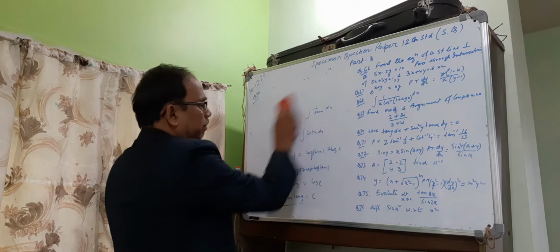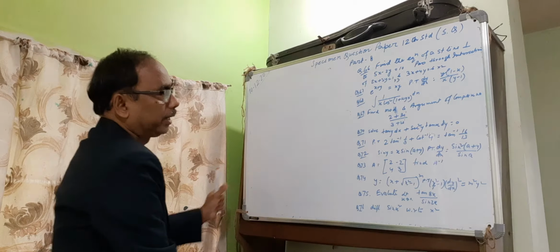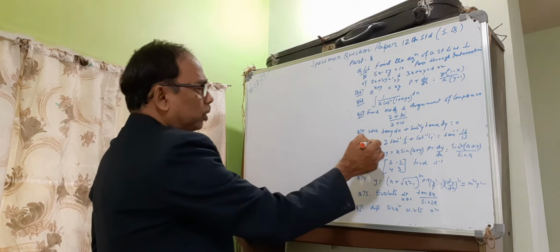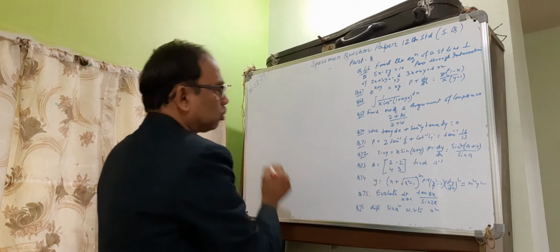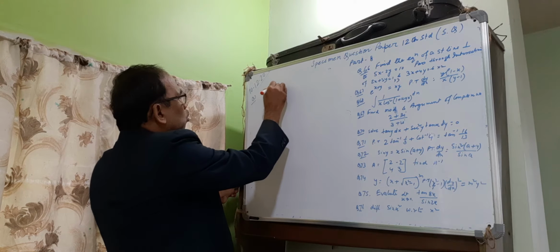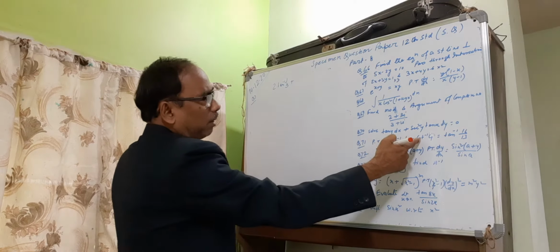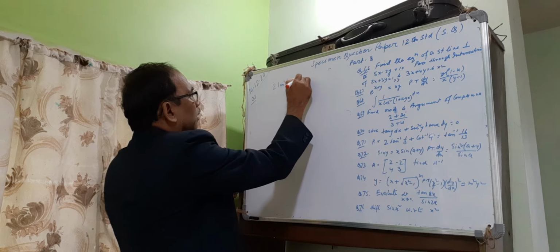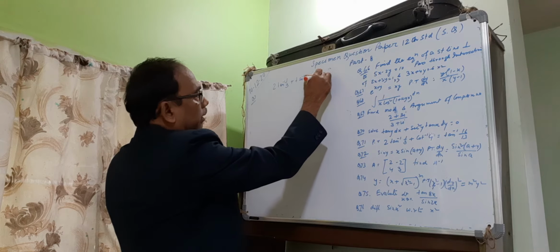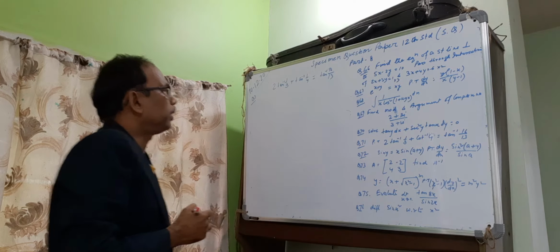Next, sum number 71. It is an inverse trigonometric function. Prove that 2 tan inverse 1/3 + cot inverse 4, meaning tan inverse 1 by 4, equals tan inverse 16 by 13. You have to prove this.